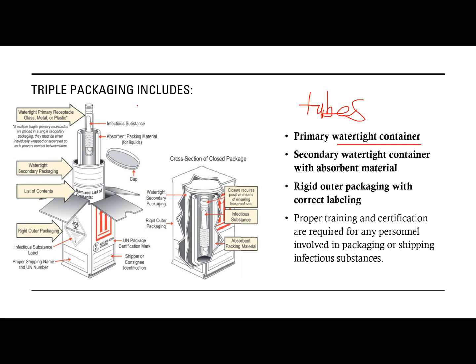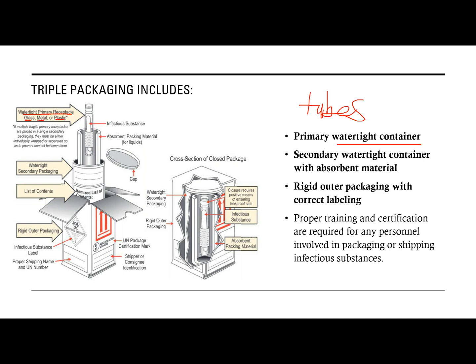So, if you take a look at the picture, ito yung infectious substance mo. Inside the infectious substance, there would be absorbent packing materials, and it is covered by a watertight primary receptacle. So, ito yung primary container mo. Your primary receptacle, class, could be glass, could be metal, or plastic.